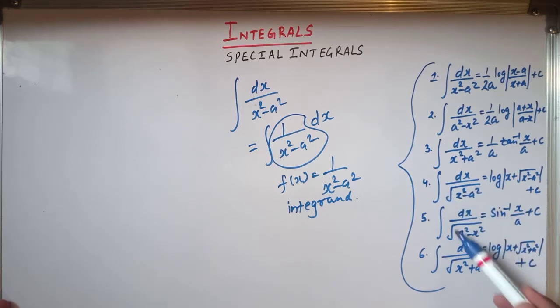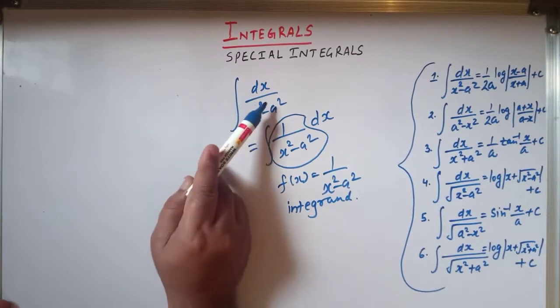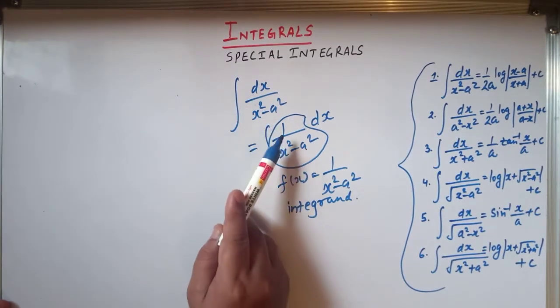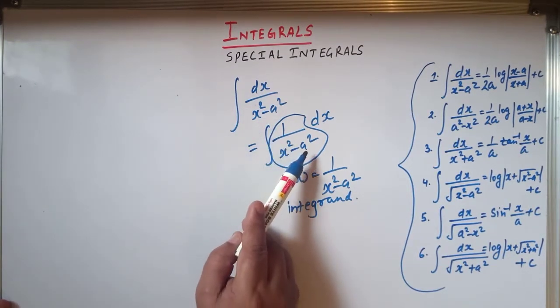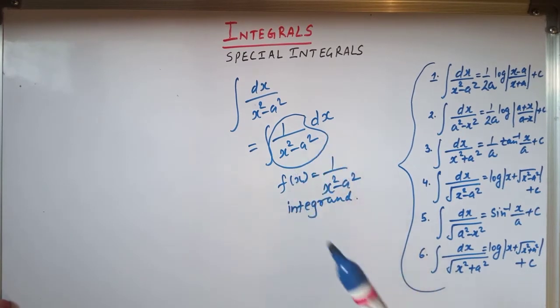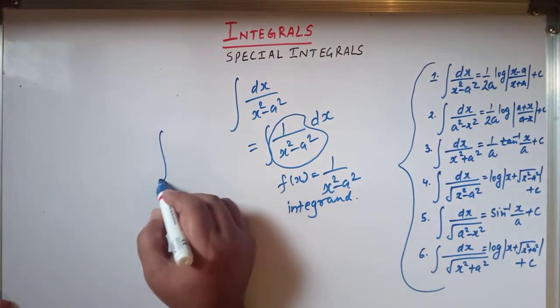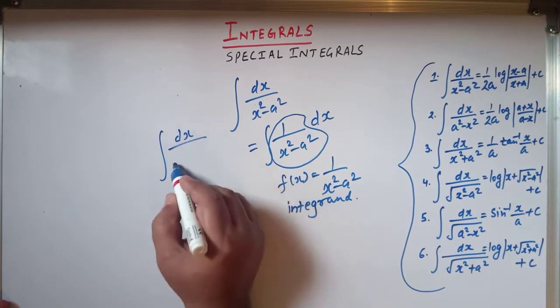Similarly, this is 1 over square root of a square minus x square, and this is 1 over square root of x square plus a square. Okay, so if we write dx divided by x square minus a square, it means 1 over x square minus a square dx. Clear?